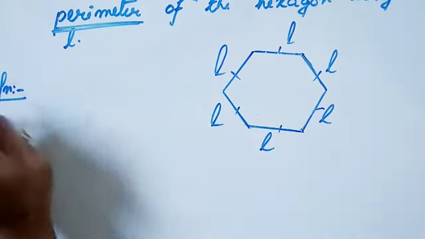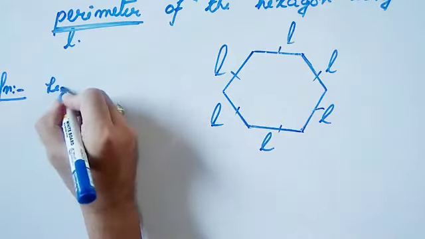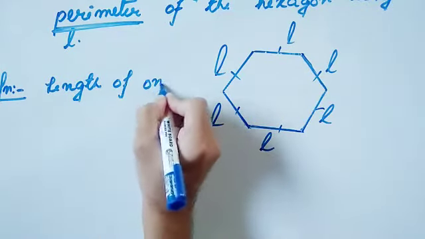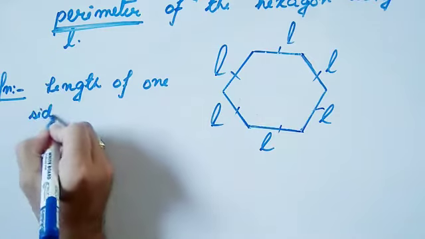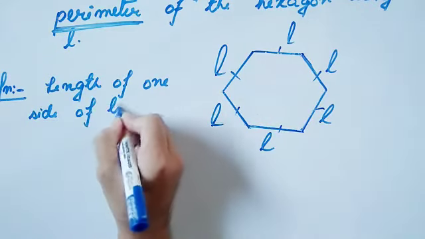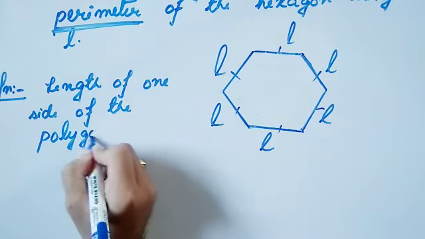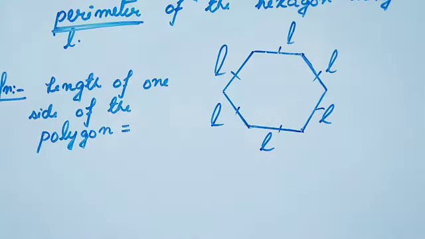Our first step will be: length of one side of the polygon. So why the length of one side of the polygon?